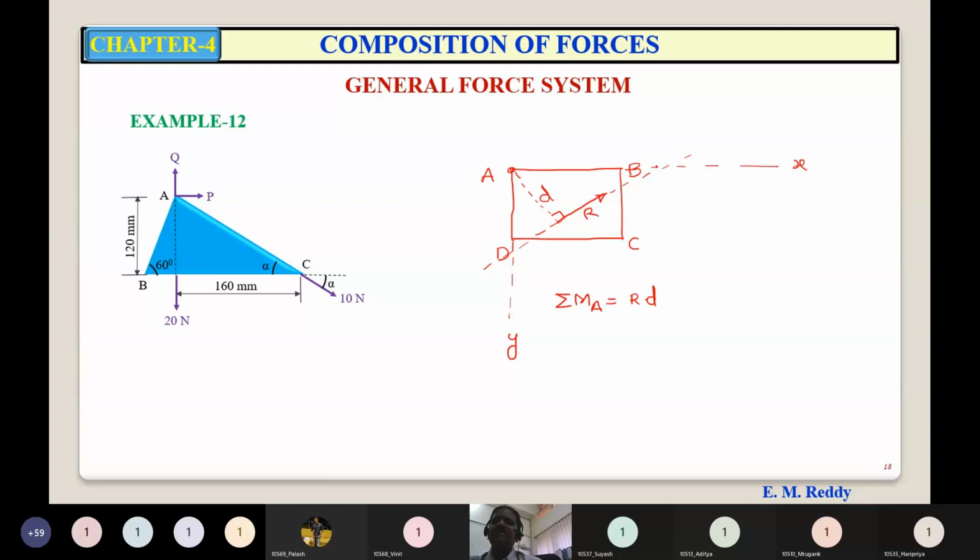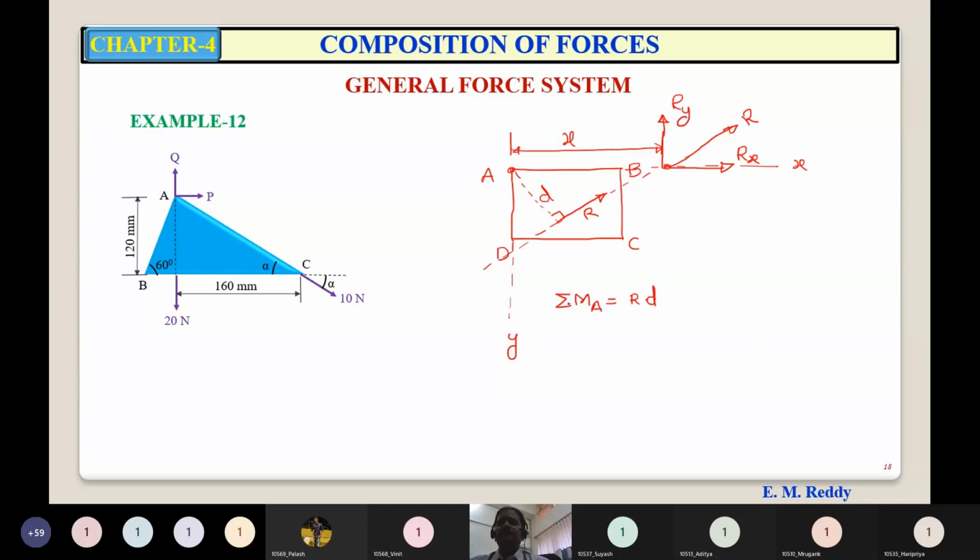Where the line of action of resultant intersects the x-axis, the distance of that point from A is x. Now, I am transferring the resultant by the principle of transmissibility of forces along the same line of action to this point, say R. And then I am resolving this R into its x and y components, right?